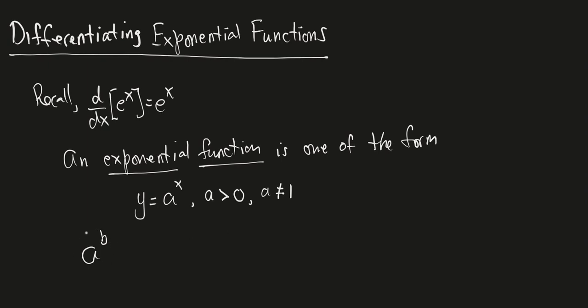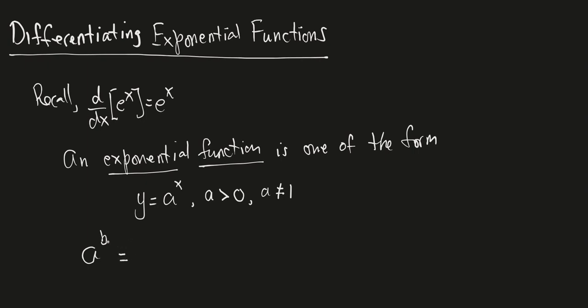It turns out there's a change of base formula that allows me to convert this exponential expression to one that has base e. The reason that's helpful is because we know the derivative of our exponential function with base e. So if I were to rewrite all my exponential functions so that they have base e, I should, in theory, know how to differentiate them. All right, so let's see what that looks like.